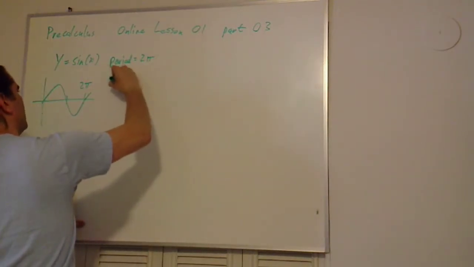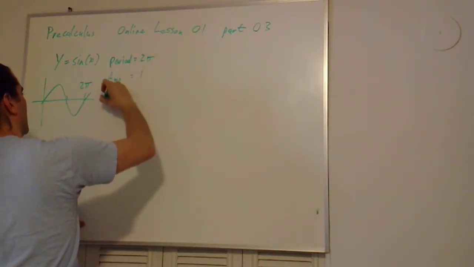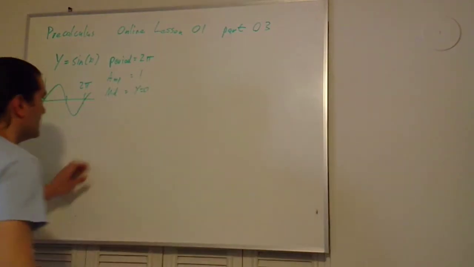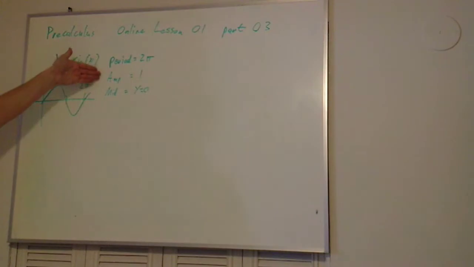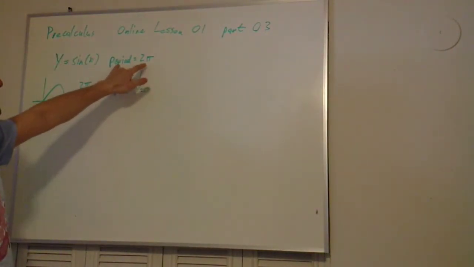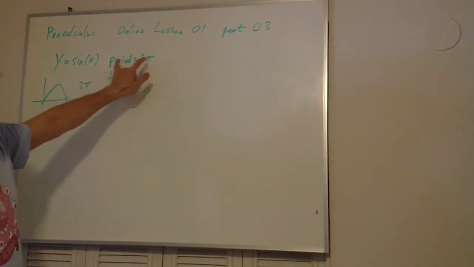Also, the amplitude is 1, and the midline is y equals 0. These are the sort of standard default settings for a sine wave. The period is what we're going to mess with next.